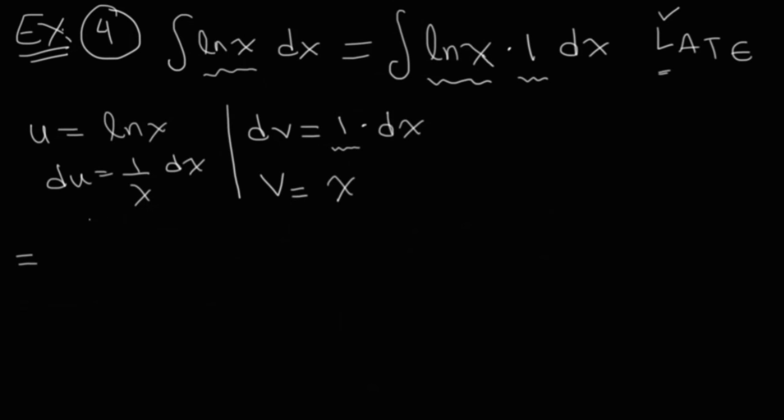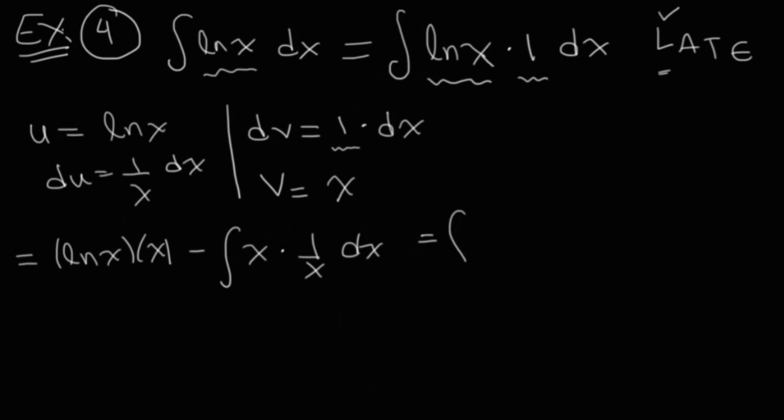Okay, so I'm going to skip right in the formula. By now you have the idea. So uv, so I get ln of x times x minus integral v du. So that's x times 1 over x dx. Okay, this one is not too bad actually, but it's that first step of knowing what to let u and dv equal to. I'm going to bring the x to the front.